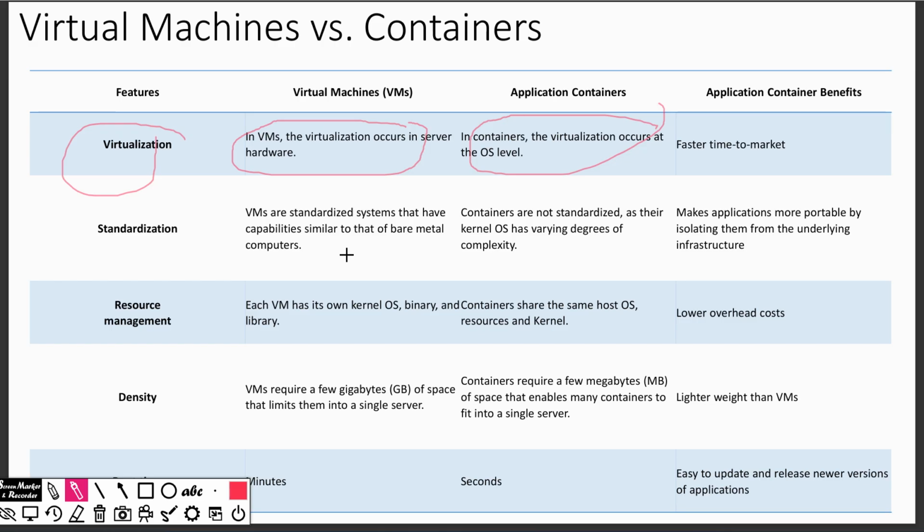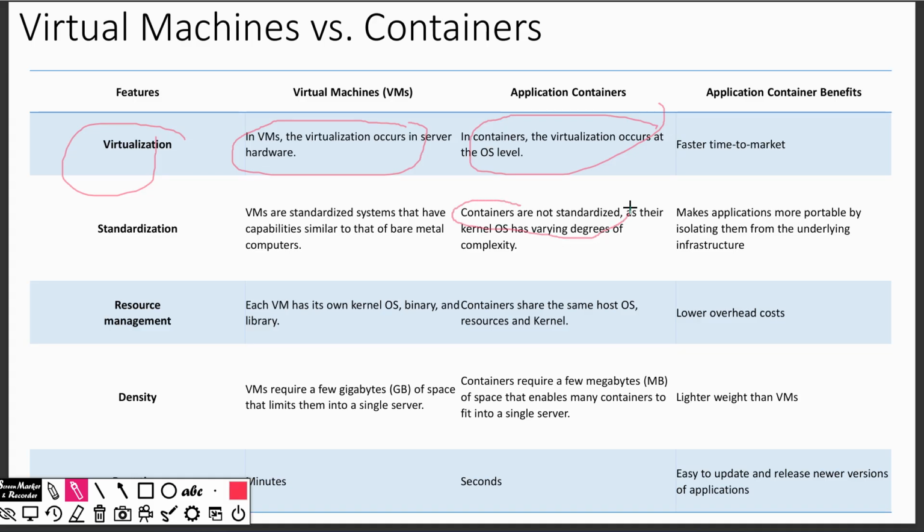Even though it is a virtual machine, the VM which we created on top of the bare metal server is going to behave the same way as the bare metal server. There is no such kind of difference. Whether it is a physical machine or a virtual machine, both behave the same.